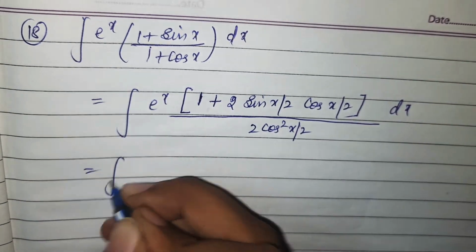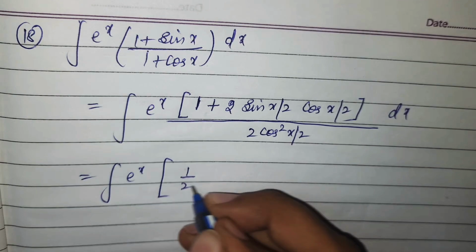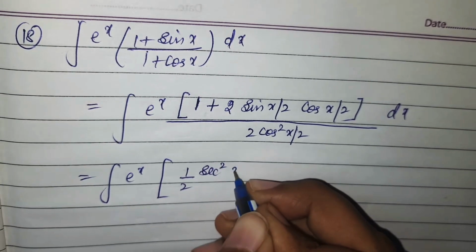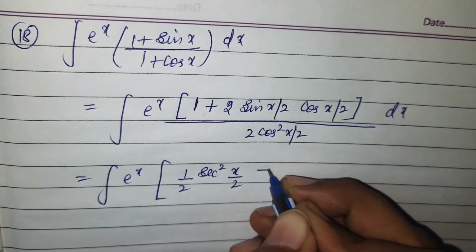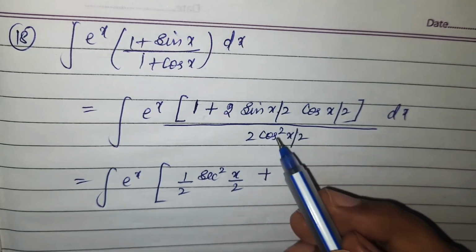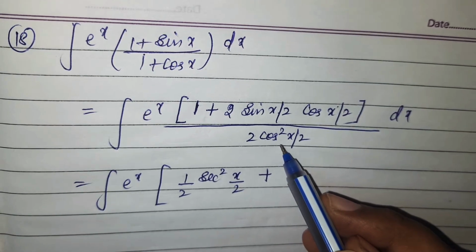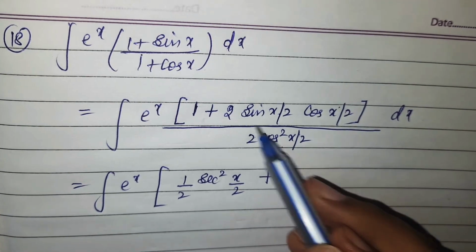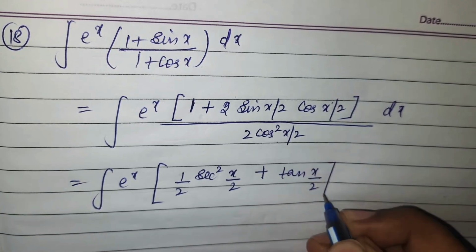Why have I done it like this? Because this upon this will give you 1 upon 2 sec square x by 2, and after that the 2 will cancel out, cos x will cancel out. So I will be getting tan x by 2.